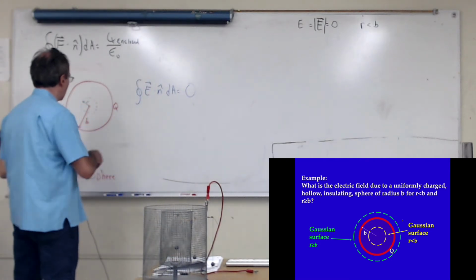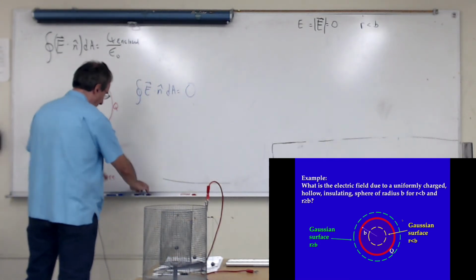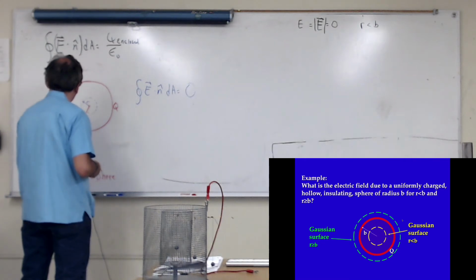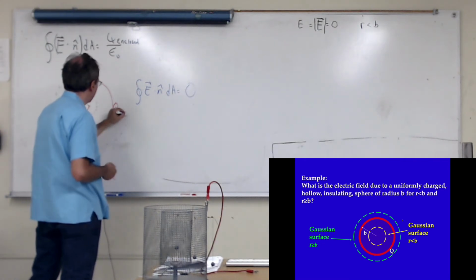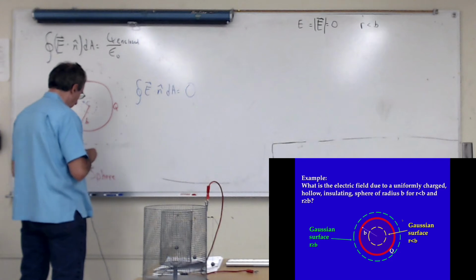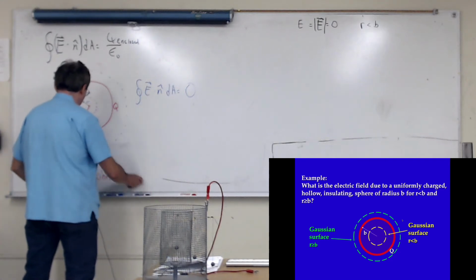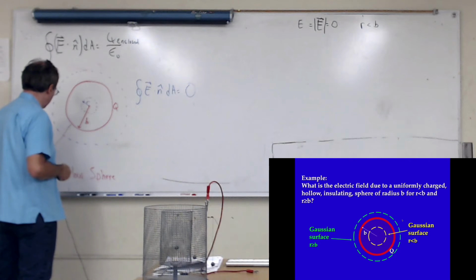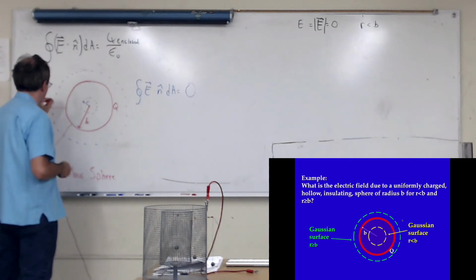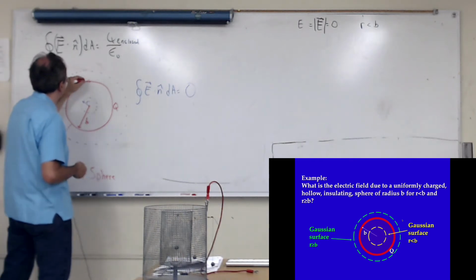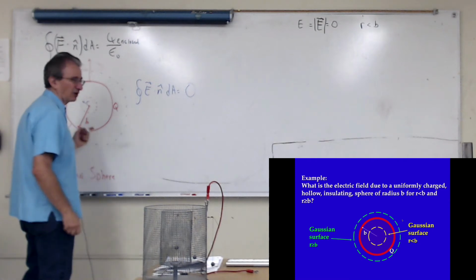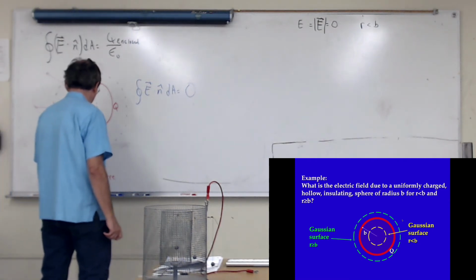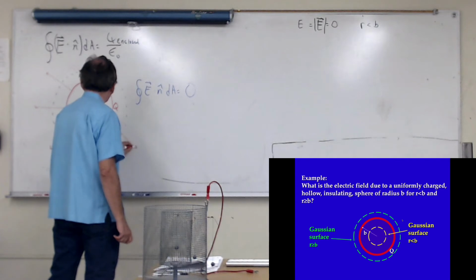Now, what if I want to go out here? I want to find the field out here. Well, then I draw a Gaussian surface. I'm going to choose a sphere. I know this charge is going to produce a symmetric field, like so, because when you're outside the sphere, it acts like a point charge because of its symmetry.